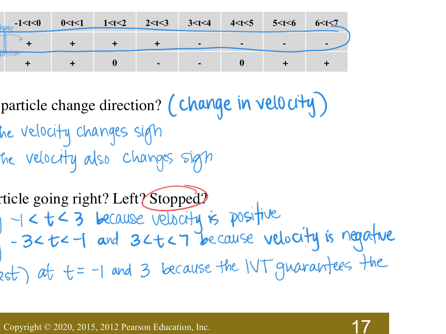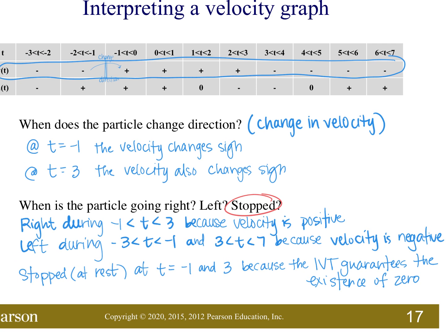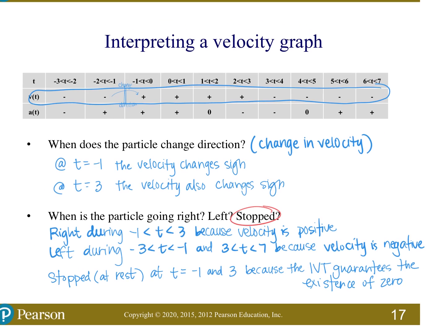The IVT guarantees the existence of 0. If we do not know this is continuous, the IVT guarantees nothing. So we must be told somewhere that this is a continuous situation.